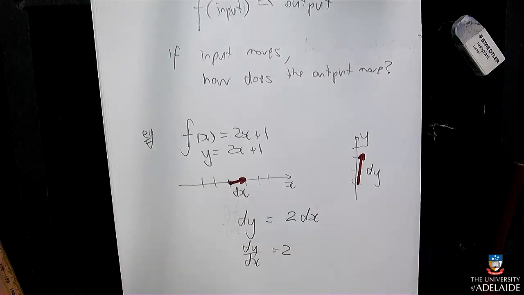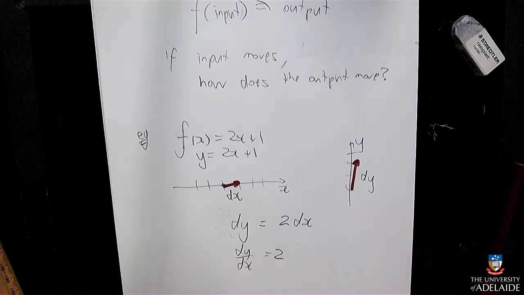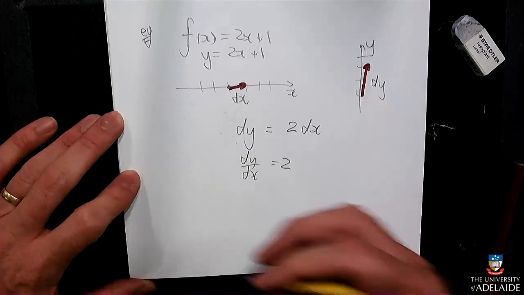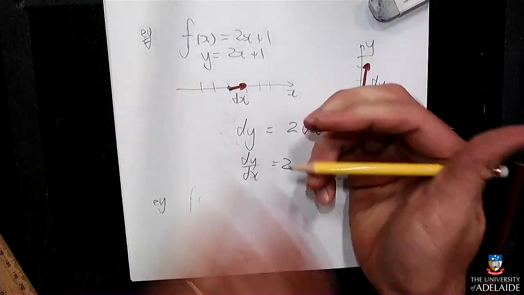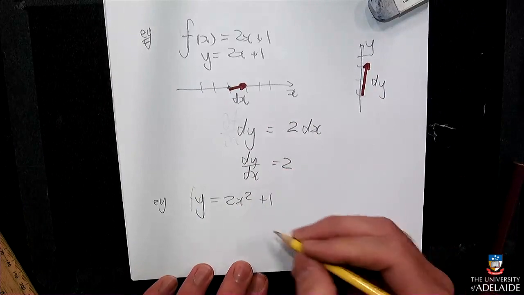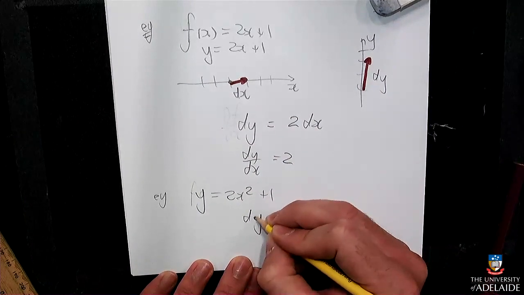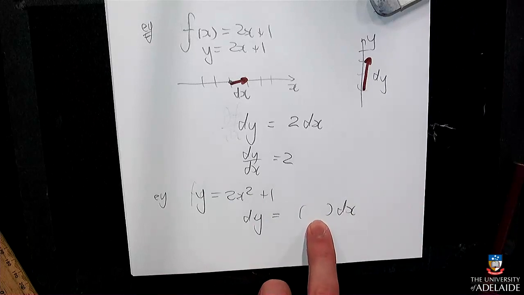Right. With some functions, the speed at which you move is different depending on which x you're at. And so sometimes, if I had y equals 2x squared plus 1, then I would have the thing that is here different depending on which x I'm up to, because if I'm at a higher x, the y will move faster than it does at other x's.